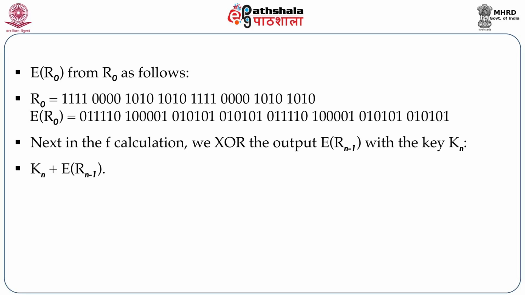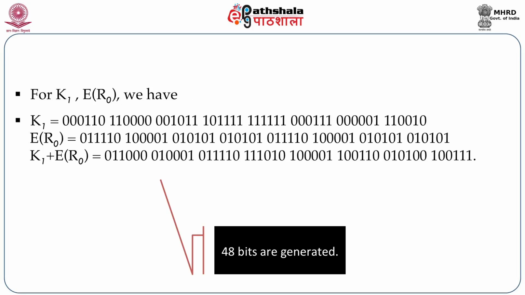The key is of the current round, and for the expansion the right half we have used is of the previous round. So it would be Kn plus Rn minus 1. To generate R1, we are doing L0 plus, applying exclusive OR with K1 and the expanded R0.